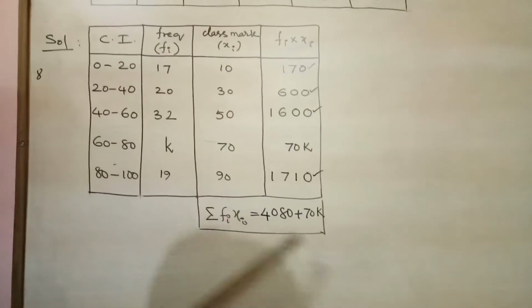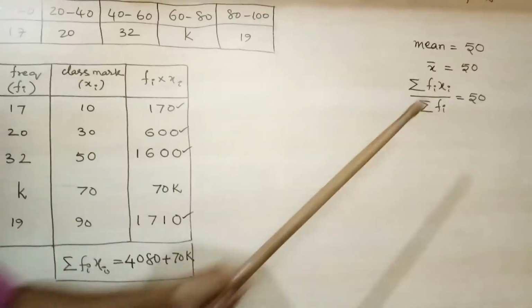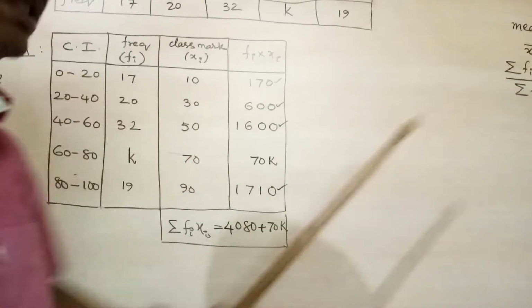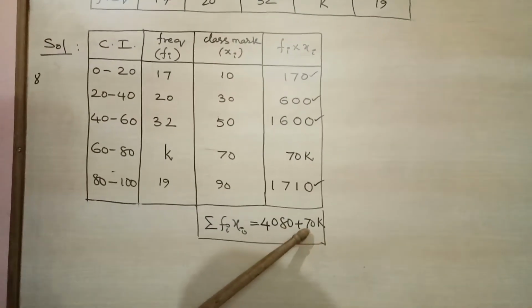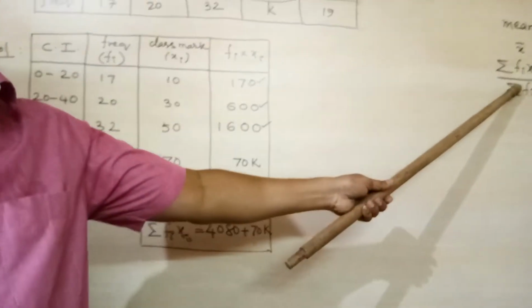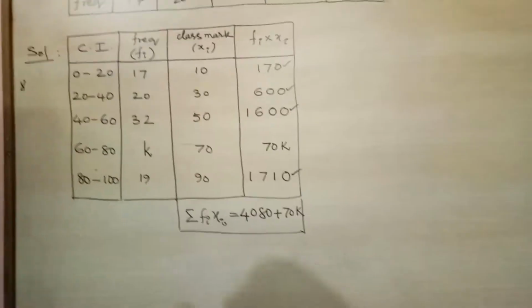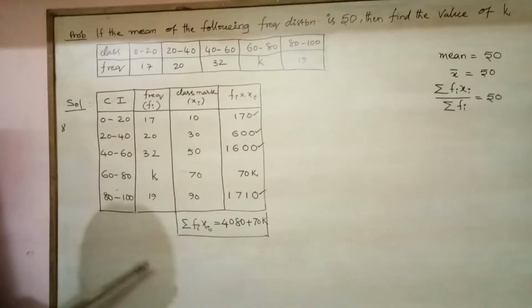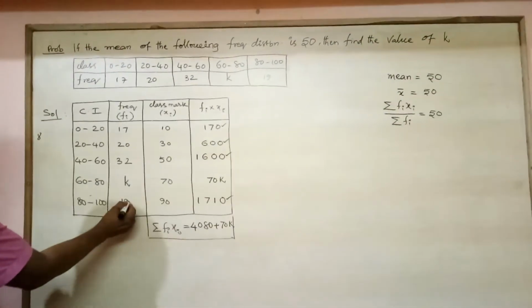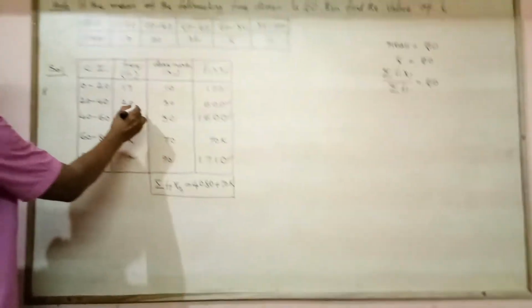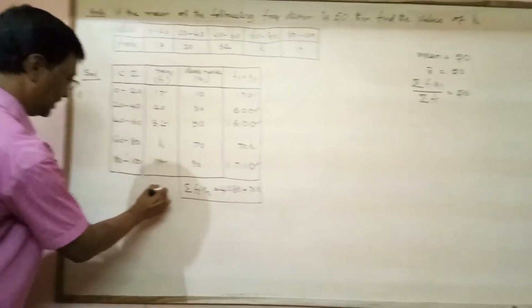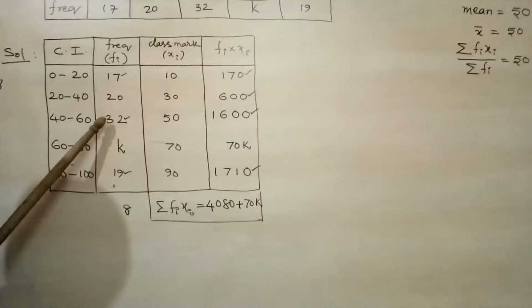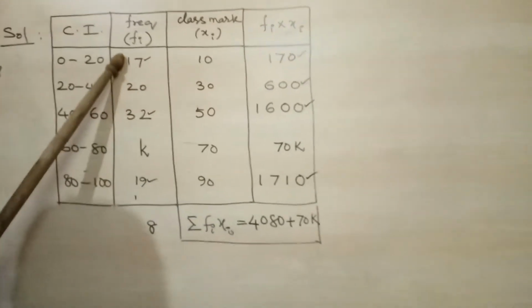Now we got the numerator: 4080 plus 70k. The denominator is also required. To find the denominator, just add these values. 9 plus 2, 11, 11 plus 7, 18. 1, 2, 5, 5 plus 3, 8.